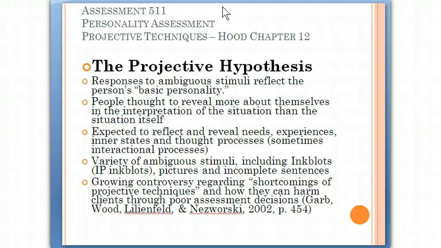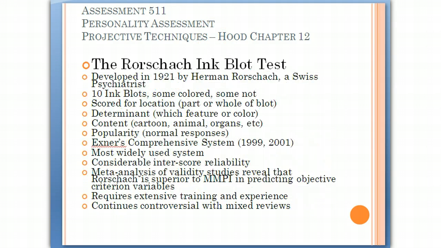As a result, in focusing on the unsureness of the situation, their true motives or true intentions oftentimes leak out. This is why it is expected to reflect and reveal needs, experiences, inner states, thought processes, and sometimes interactional processes going on between people.